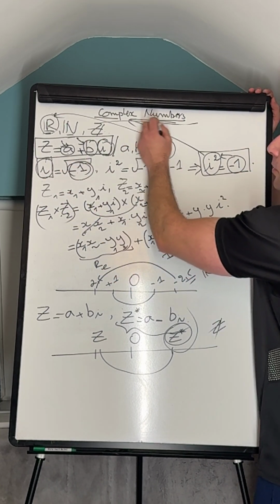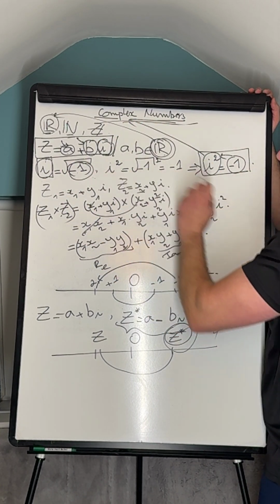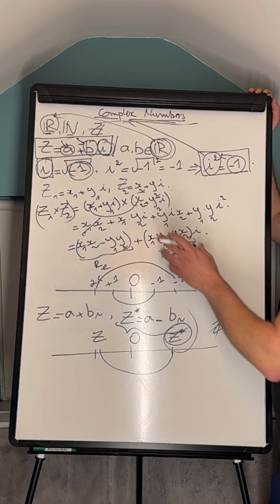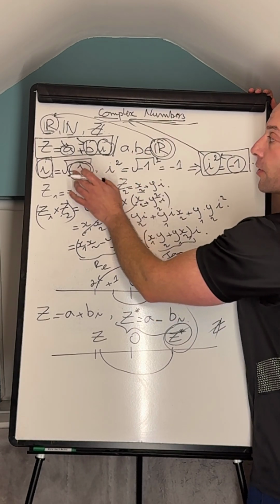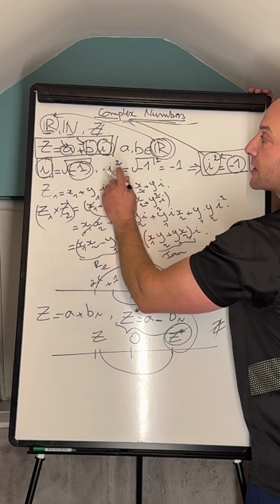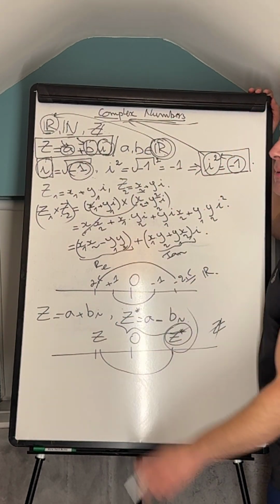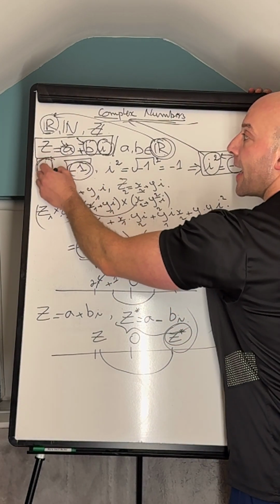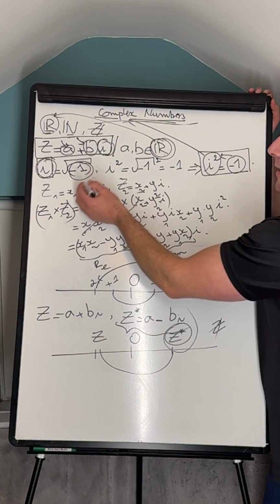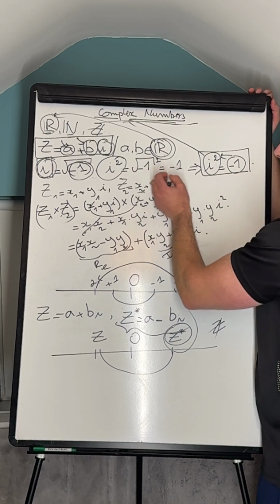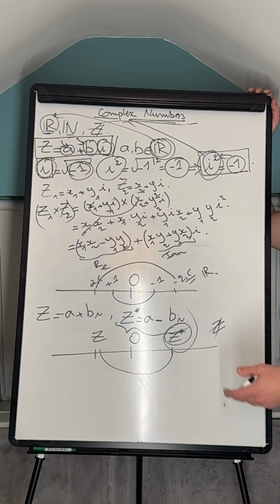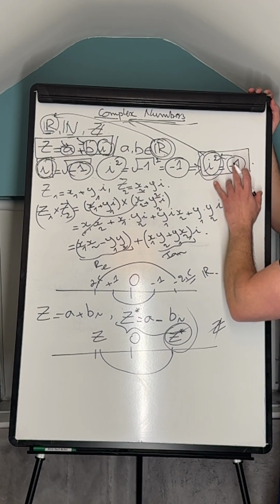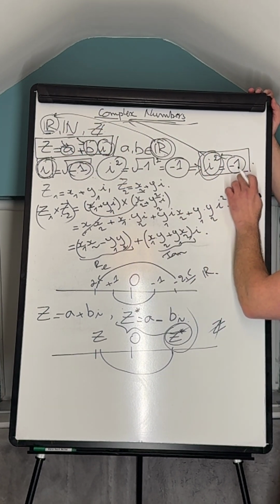This is why we call them complex numbers. We can't write this in real numbers, because there it has to be positive. But in complex numbers we can write the square root of -1, and we call that i. Then i squared equals -1.